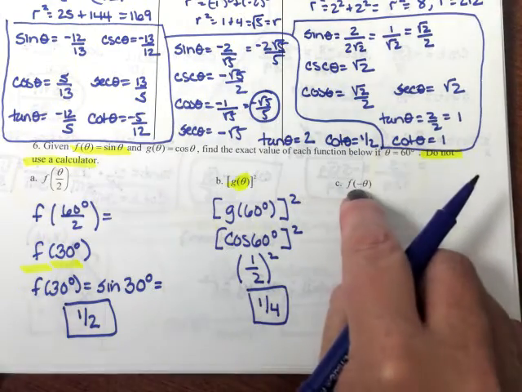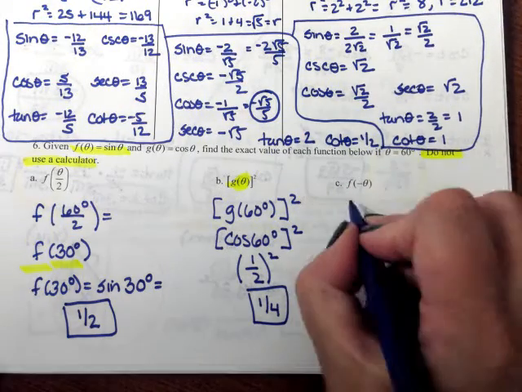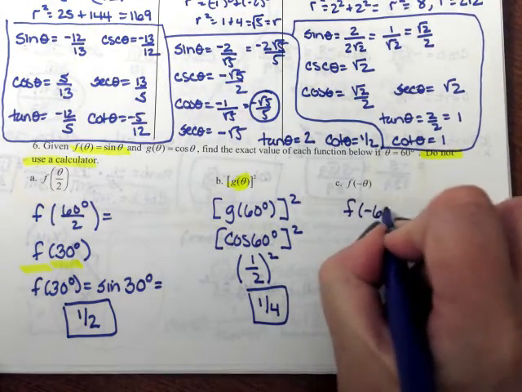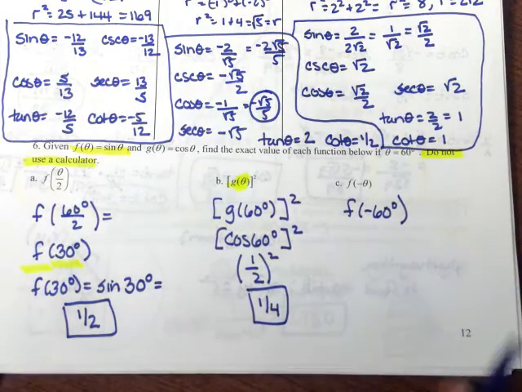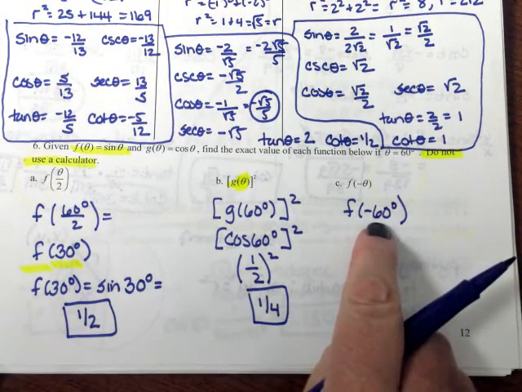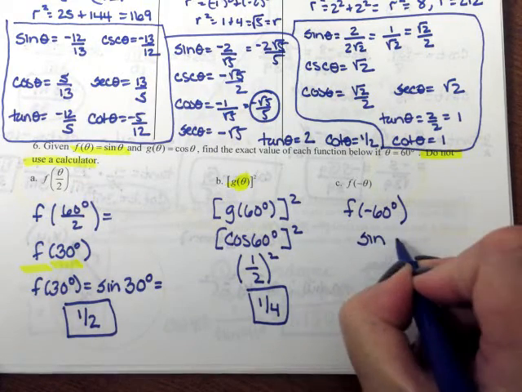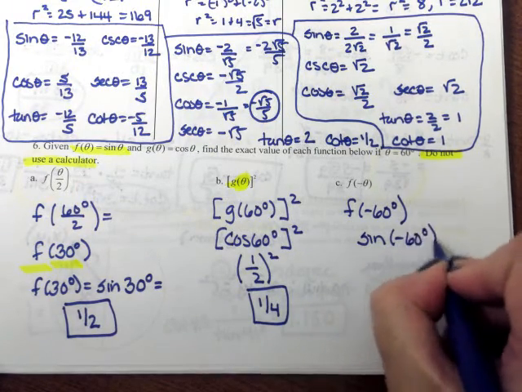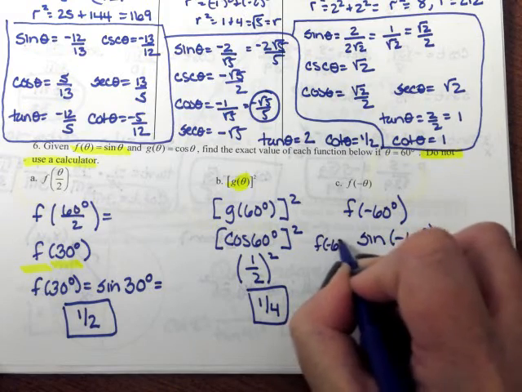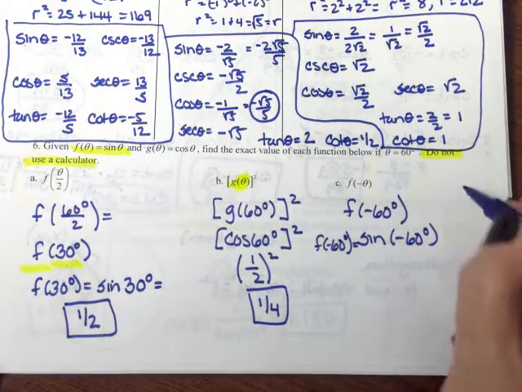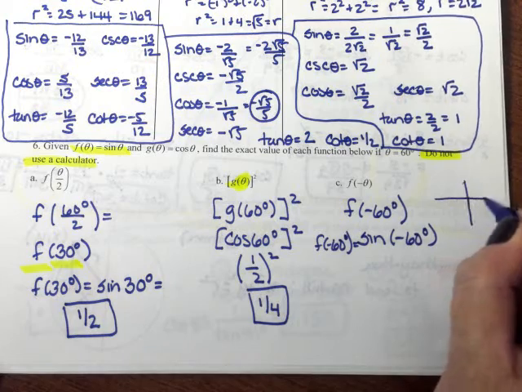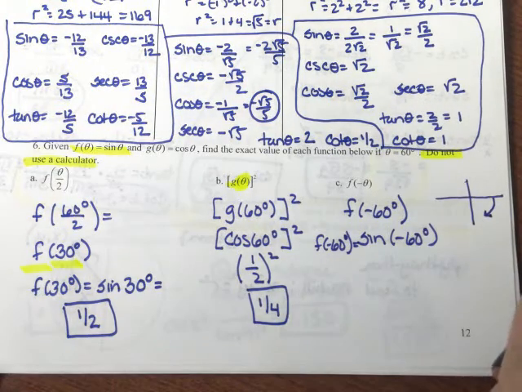So now f of negative theta, so I'm going to replace theta with 60 degrees. So now I need to take my negative 60 degrees and plug it into function f. Remember, on your unit circle, negative 60 degrees is going to be right here in quadrant 4.